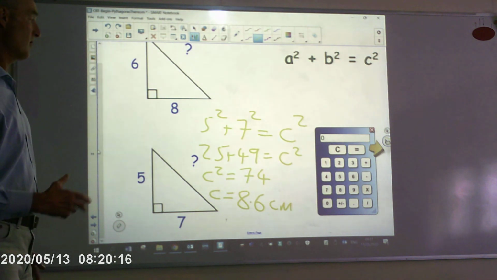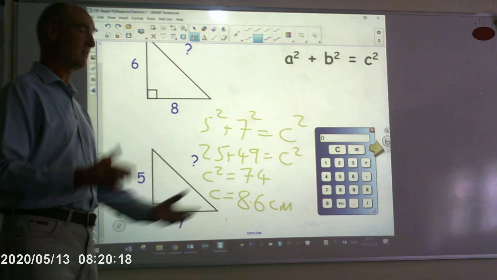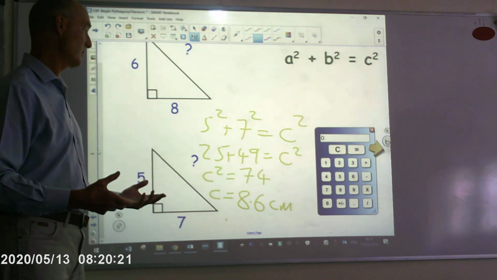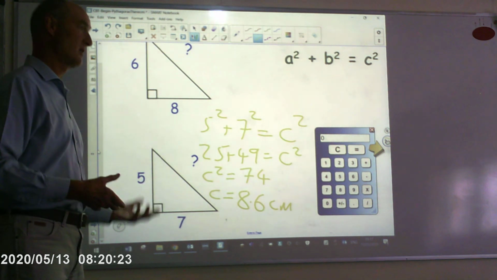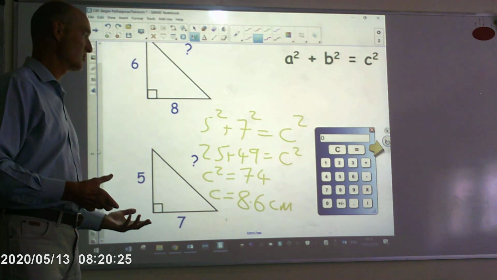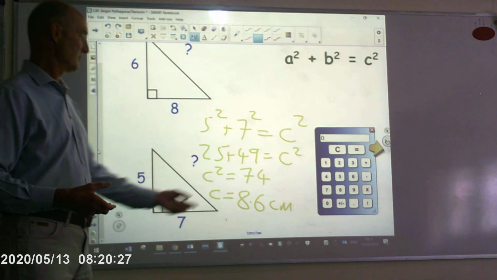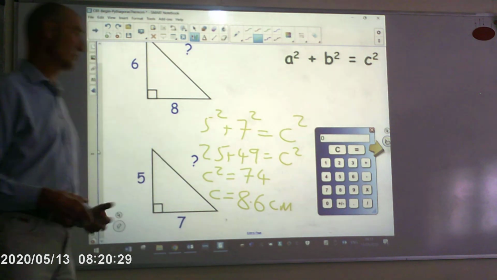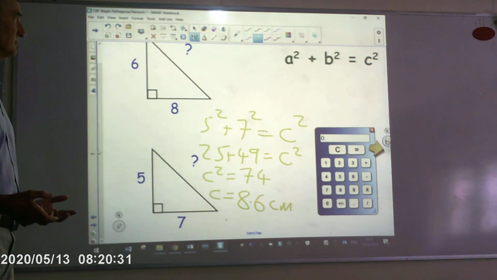Okay, which is about right, isn't it? 74 is roughly between our 64 and 81. Square root of 64 is 8, square root of 81 is 9. So square root of 74 being 8.6 is roughly correct.